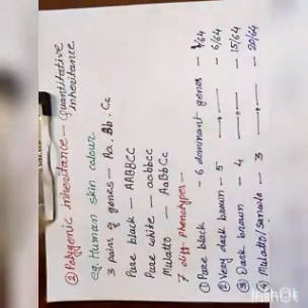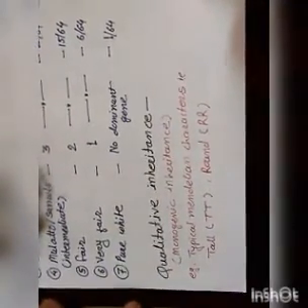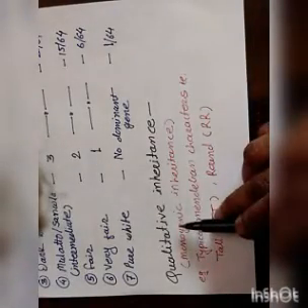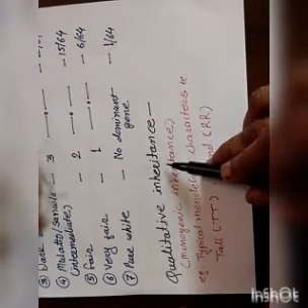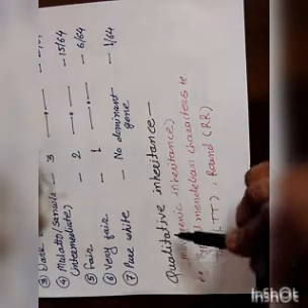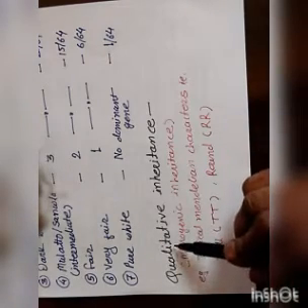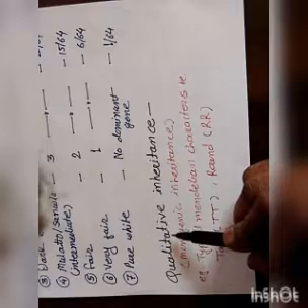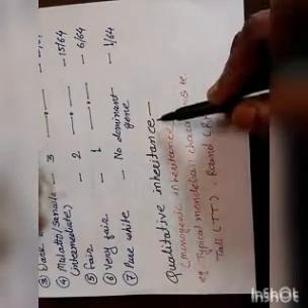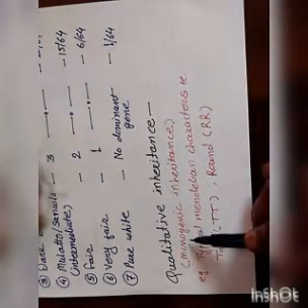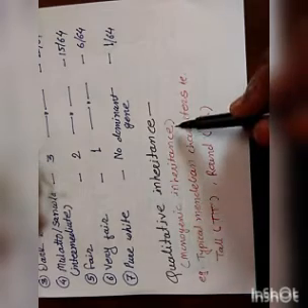The next type of inheritance is qualitative inheritance. This qualitative inheritance is related to the quality of that particular character or trait. It is also termed monogenic inheritance.